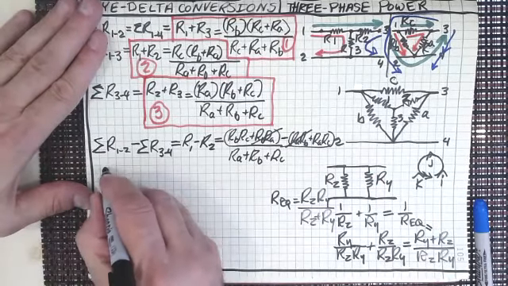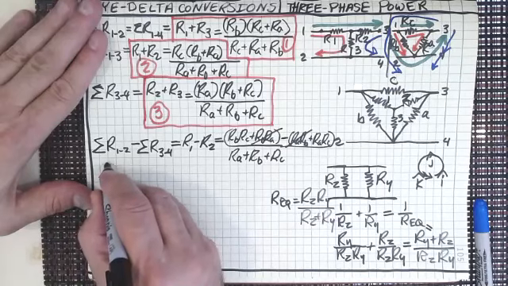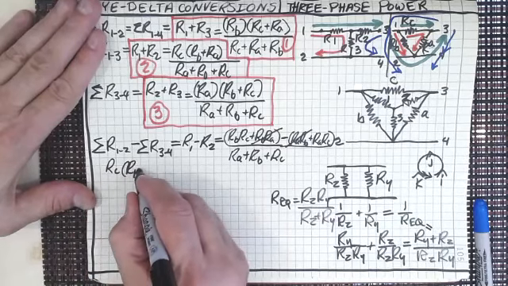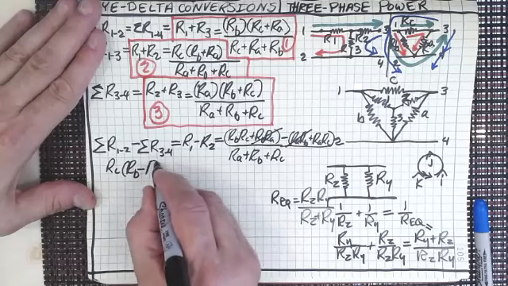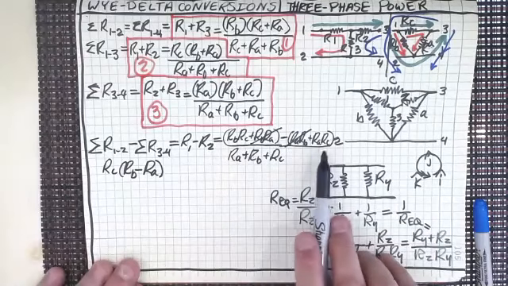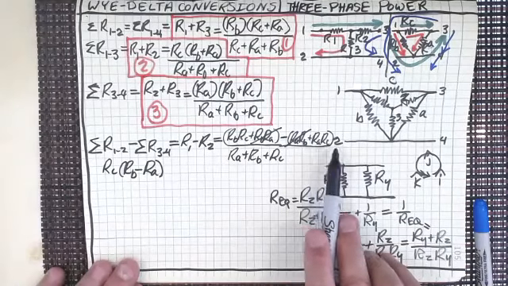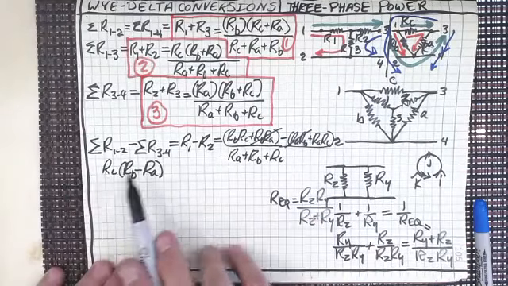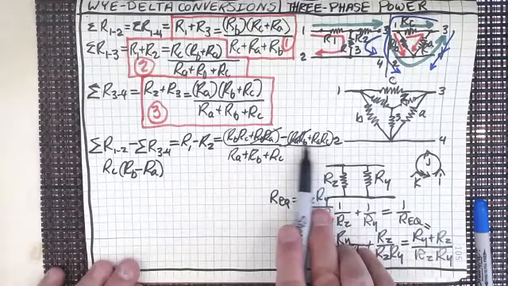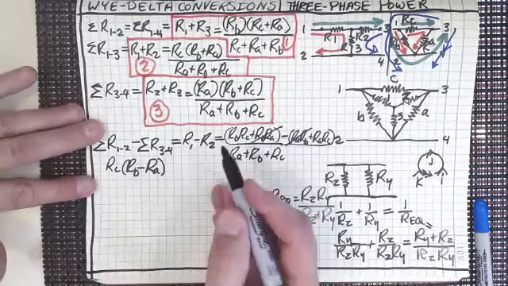So I've got R sub C times R sub B minus R sub A. And where did I get that? Because I had R sub B, R sub C, R sub A, R sub C. I took the R sub C out of that, which left me with R sub B minus R sub A, just so everybody knows where I am.